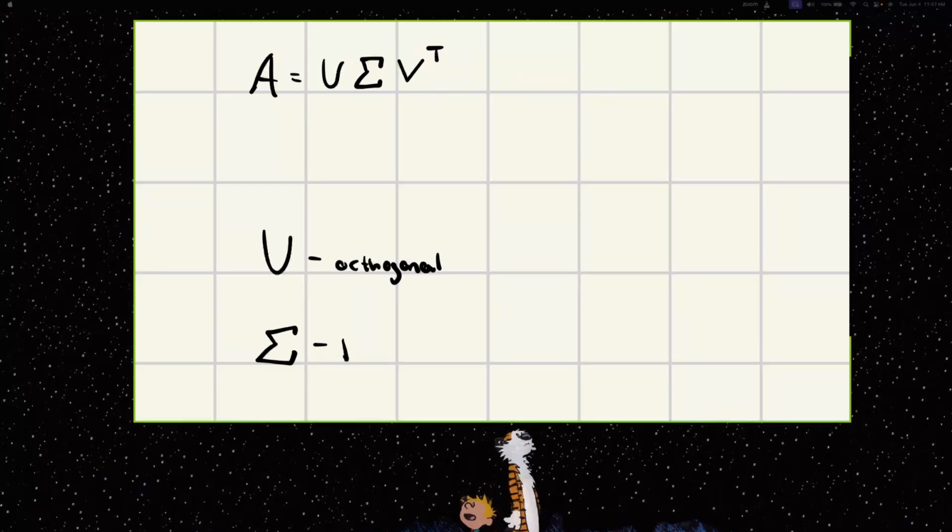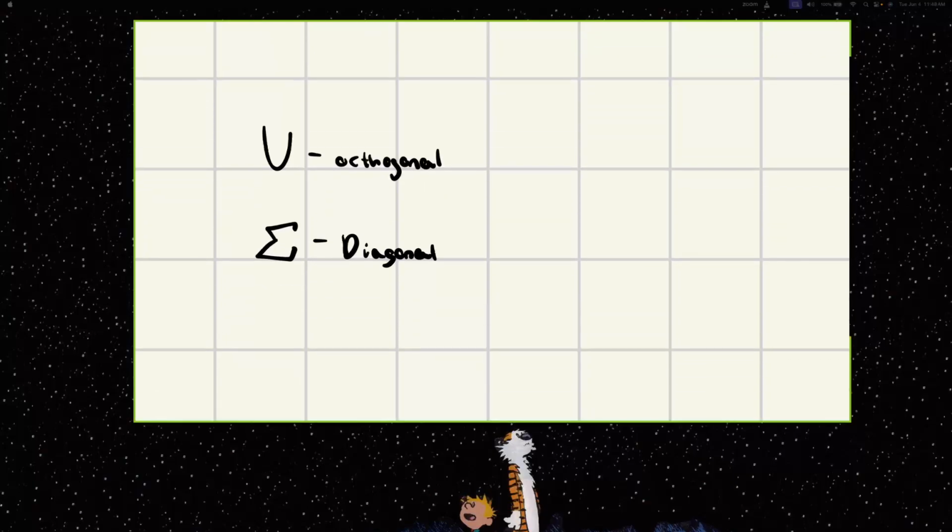Sigma is a diagonal matrix, specifically one whose diagonal values are the singular values, which I'll get into what those are. A diagonal matrix has elements only on the diagonal and 0 everywhere else. And then V transpose is orthogonal again. So we have orthogonal, diagonal, and orthogonal.